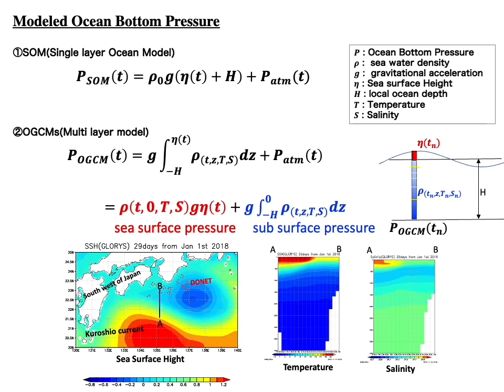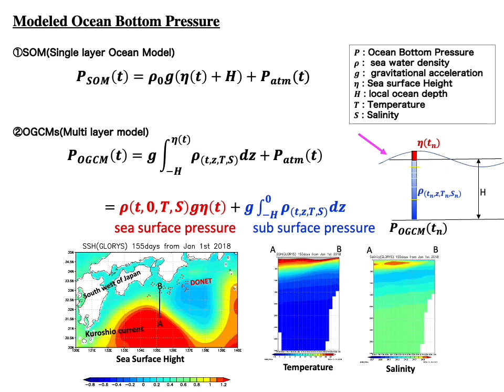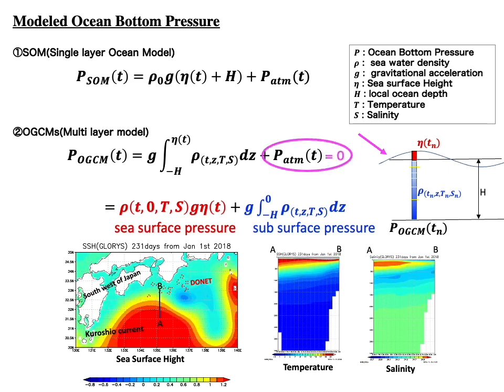In the OGCMs, we can get OBP by integrating seawater density from bottom to surface with a long-wave hydrostatic approximation. Right picture shows the integrating image. In these models, atmospheric pressure loading isn't considered, as I said, so we don't have to add P_atm here. In calculating processes, we visually confirmed the compensation relationship between sea surface pressure and subsurface pressure. The OBP is shown as an anomaly from this compensation.